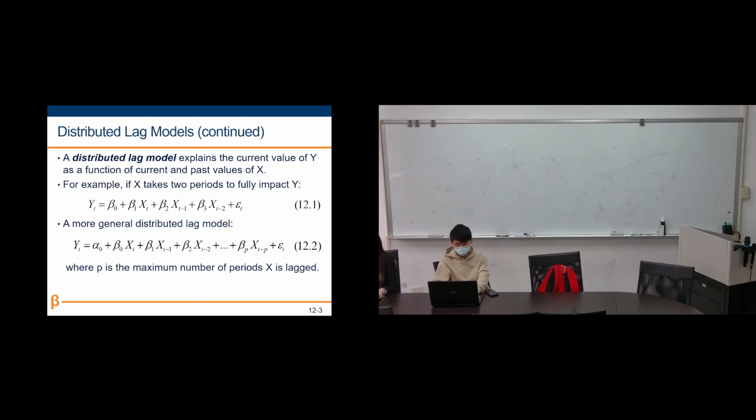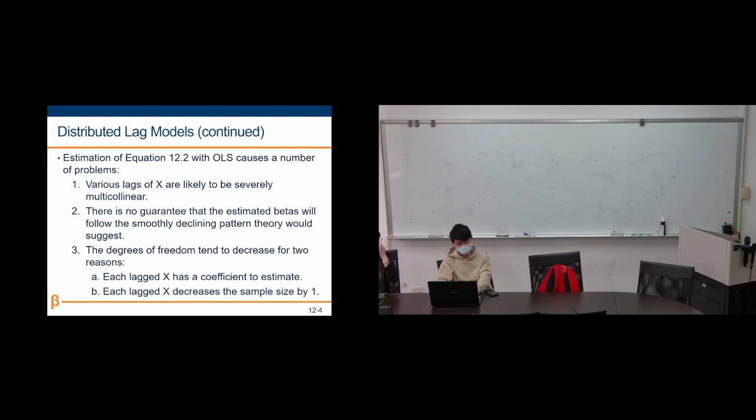This is what the problem says. Let's go back and see what the problem says. The degrees of freedom tend to decrease, right? The more past periods, the more x variables are subtracted.